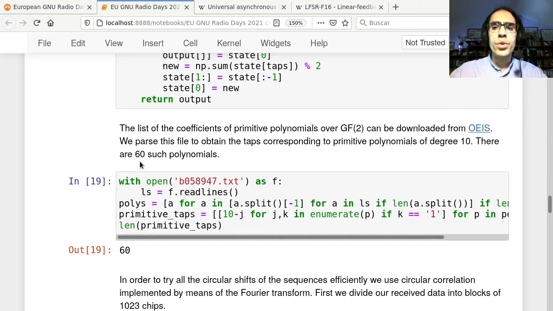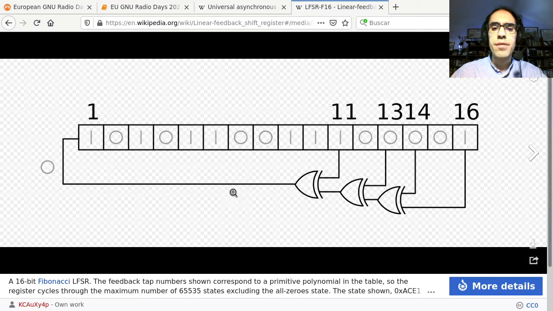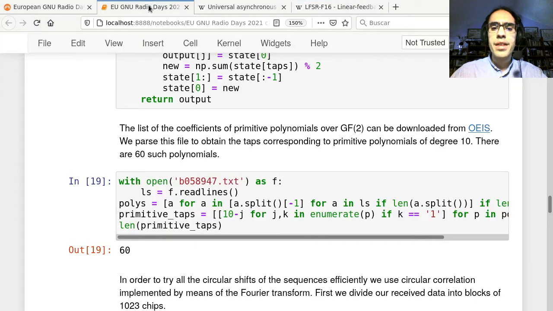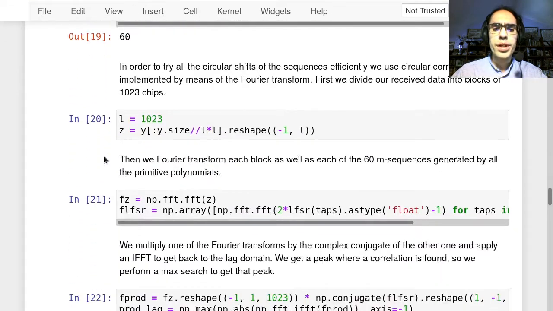So the thing we can do is grab that list from the internet, generate our 1023 bit sequences following this LFSR algorithm, and then correlate each of those 60 different sequences with the data. That's what I did.